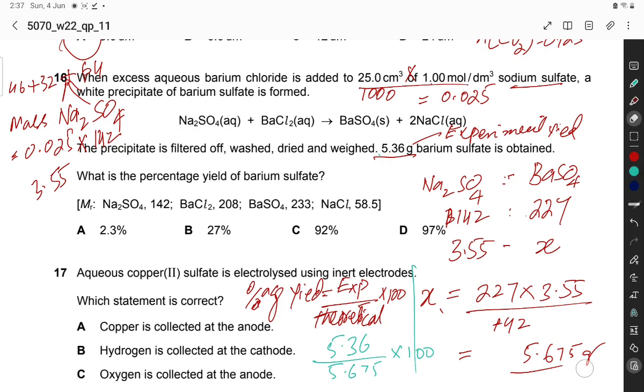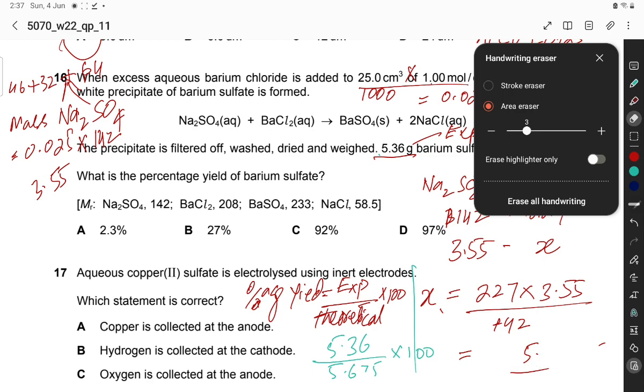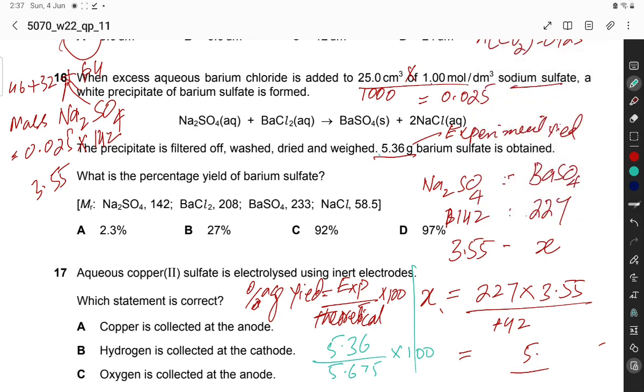So by using 675.7, if we use this value, 5.7, 5.36 divided by 7 into 100, 90.